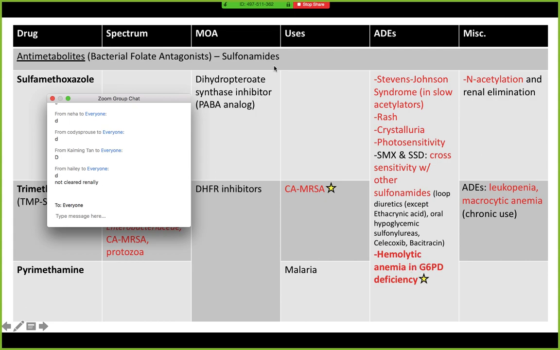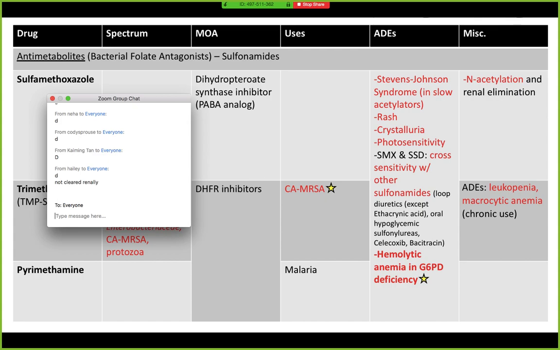Make sure you know that your sulfonamides can cause hemolytic anemia and G6PD deficiency. And then also make sure you know how G6PD deficiency presents. If you look at the last tutoring PowerPoint, I kind of copied one of her practice questions.